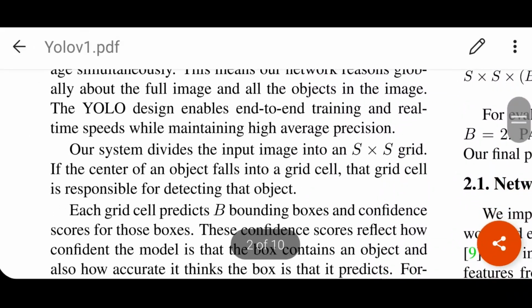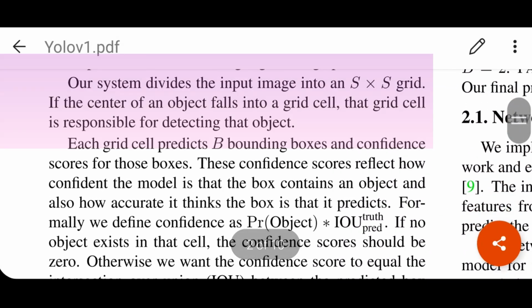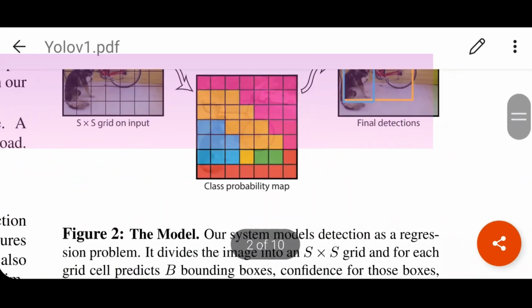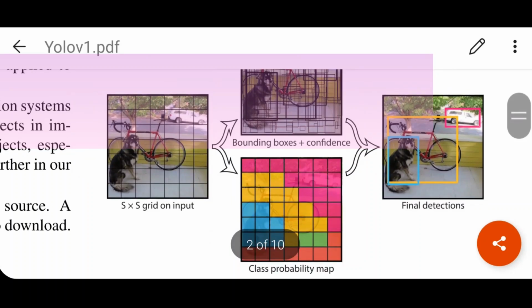I want to come to the main explanation. Our system divides the image into an S by S grid. What is an S by S grid? You all know it, but something like that. It can be 7 by 7, 13 by 13, 19 by 19. It depends on your application or your preferences.